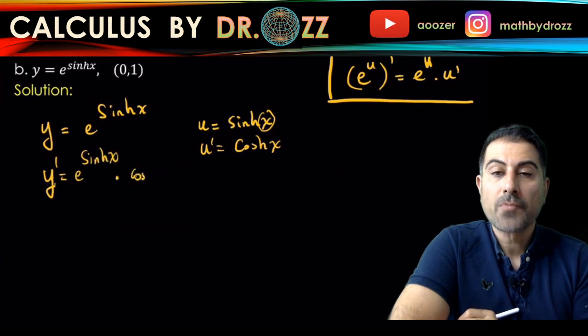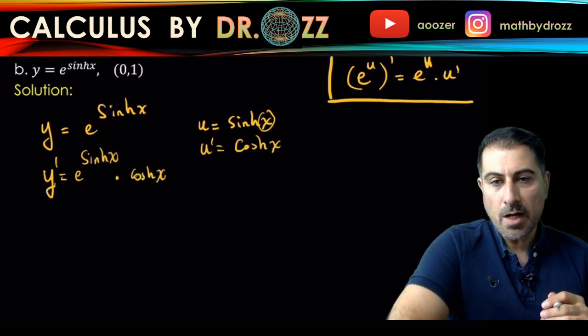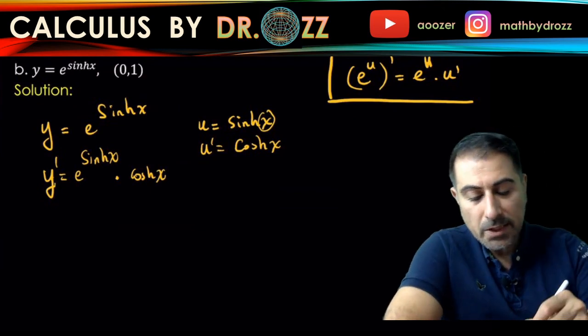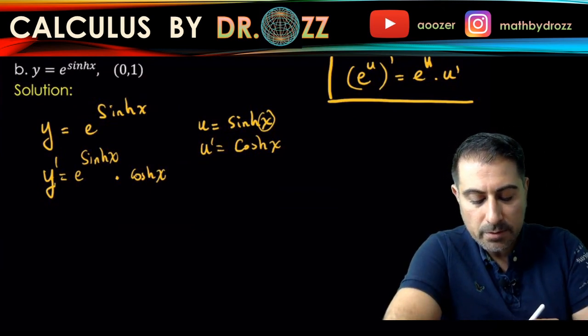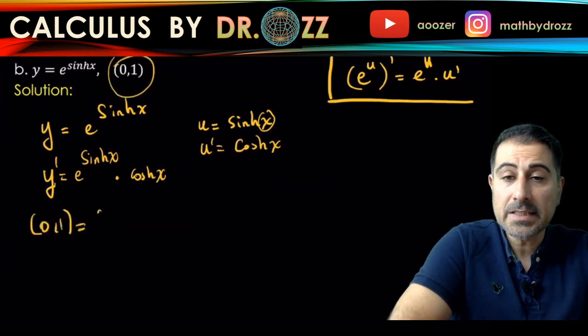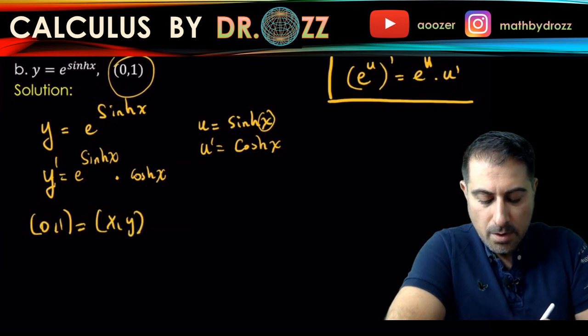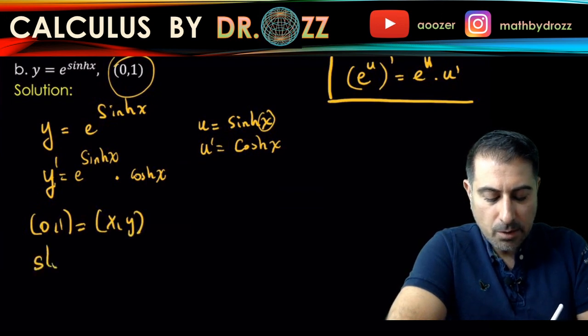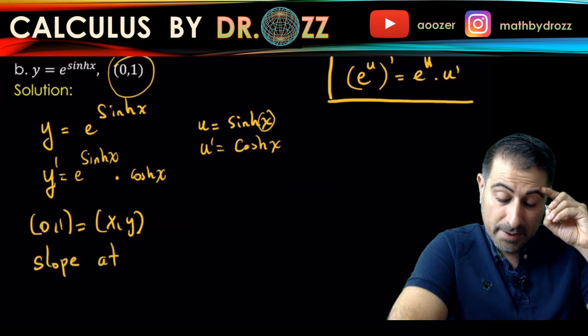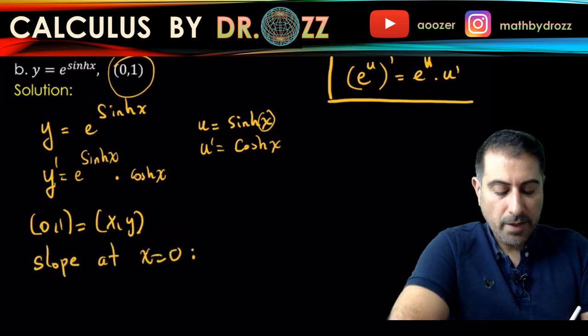Okay. So once you have y prime, then you know the slope of the tangent line at any point, but in particular, we are given the point 0, 1. And these are the x and y coordinates here. So I need the slope at x equals 0. That is me plugging in 0 for x.